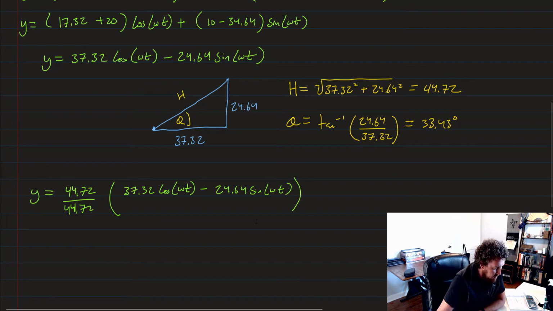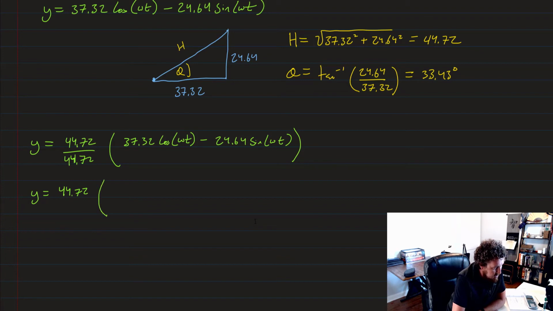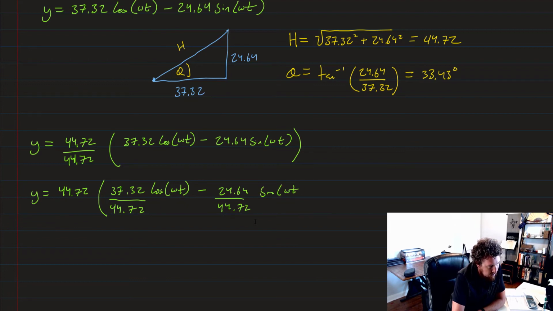And then we want to only factor in the denominator here. So we'll write y is equal to 44.72 times 37.32 over 44.72 times the cosine of omega t minus 24.64 over 44.72 times the sine of omega t.